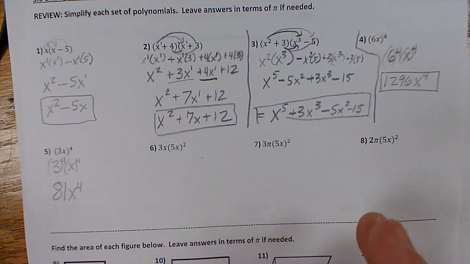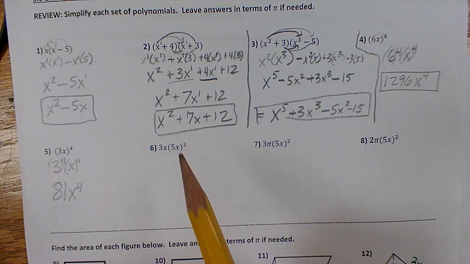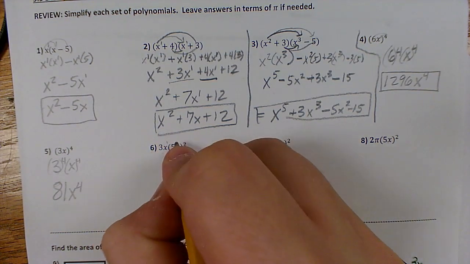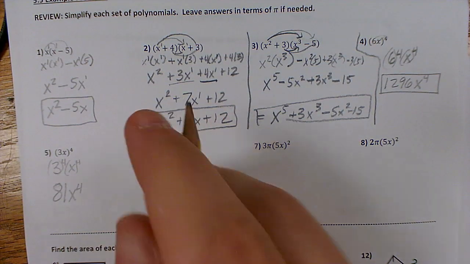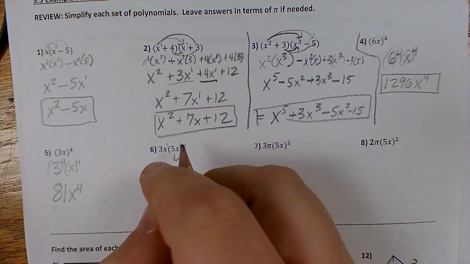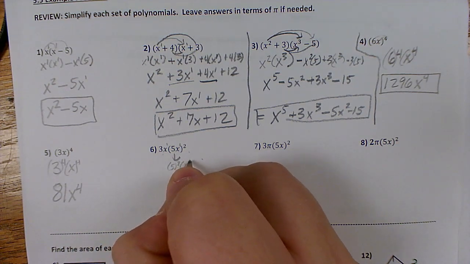Which leads us to the trick question. When you're doing this problem here, 3x times 5x squared, there's a hidden 1 with these x's, but you do not multiply the 3 first. We will do this piece first. So we would have 5 squared x squared.